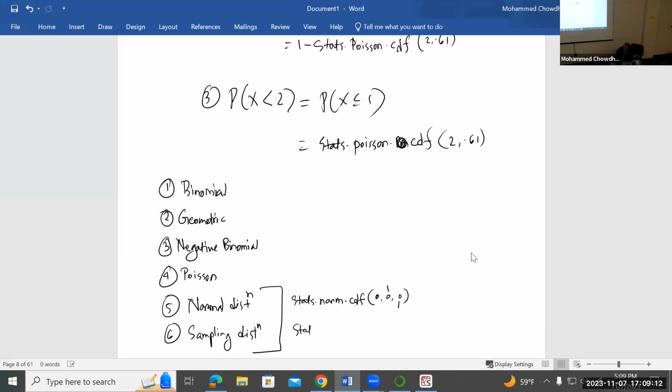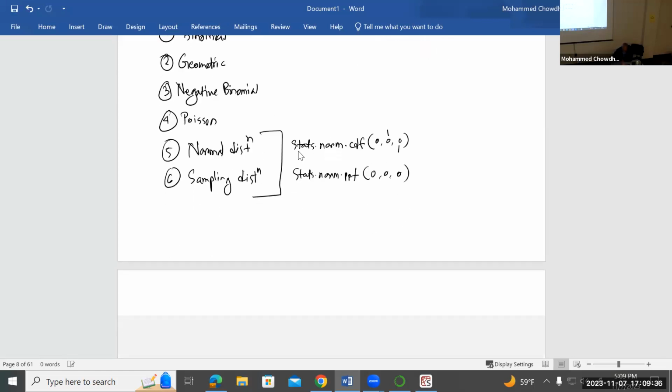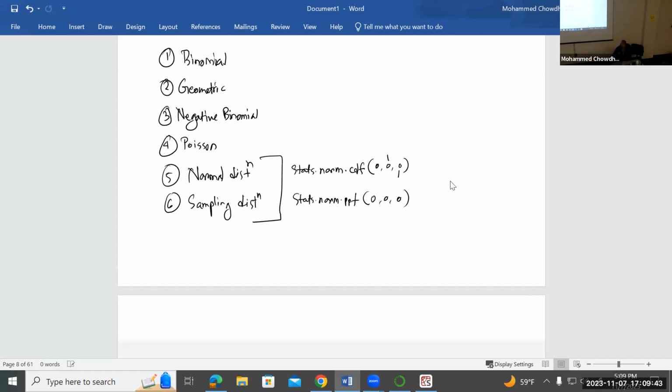Here you are going to use stats.norm.ppf, quantile value, mean, standard deviation. And there is also standard normal distribution.